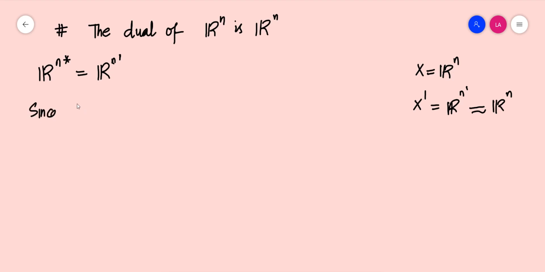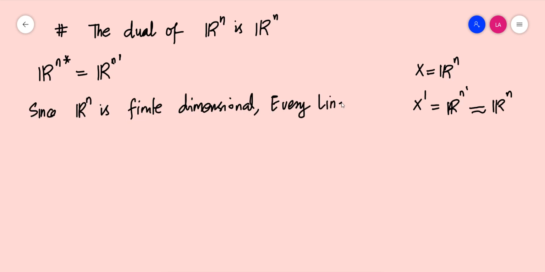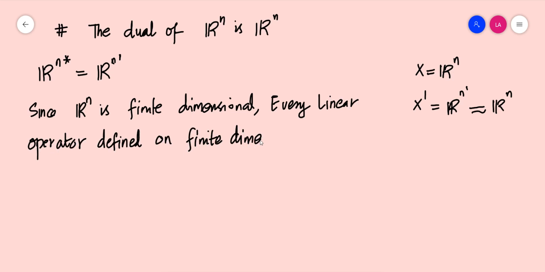Since Rn is finite dimensional, we have a theorem that every linear operator defined on a finite dimensional space is bounded, by theorem 2.7.8.